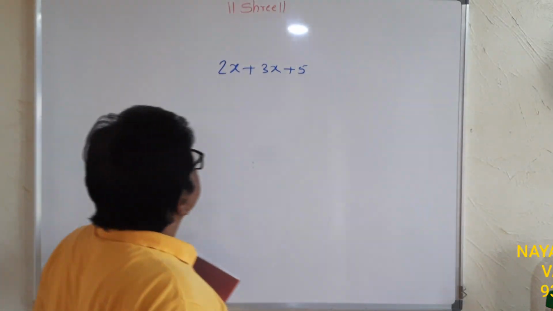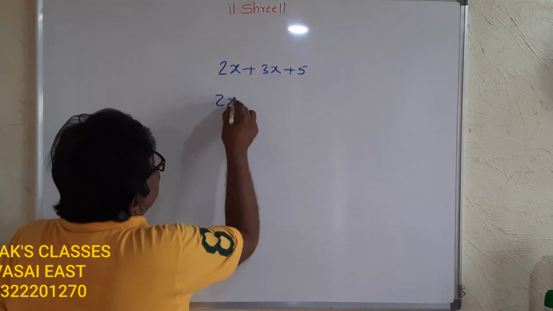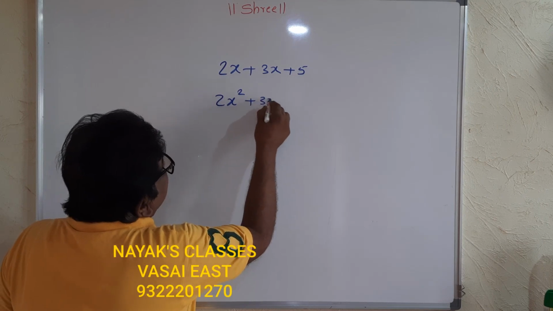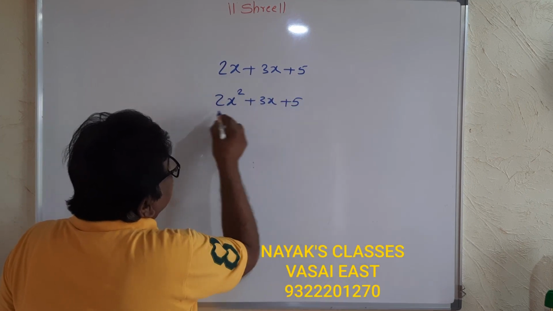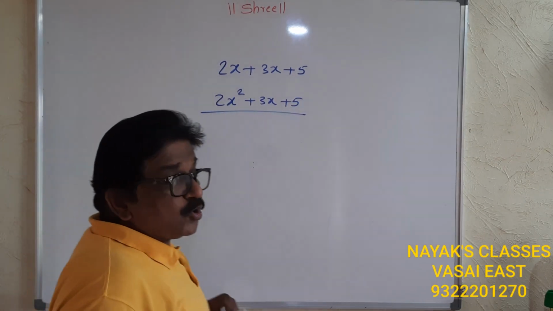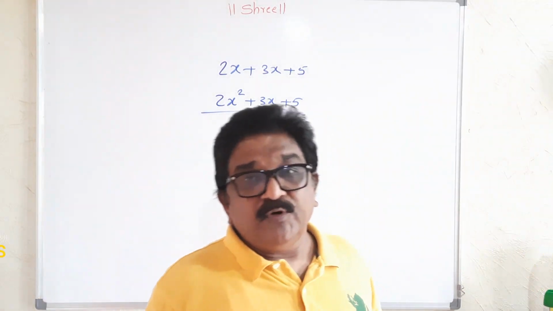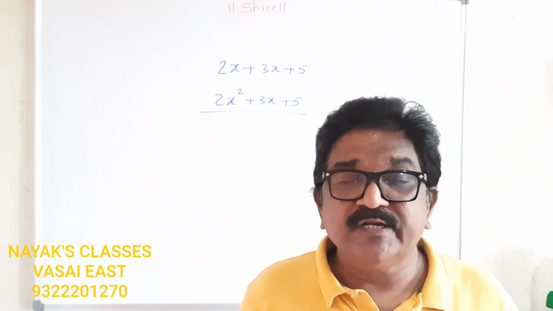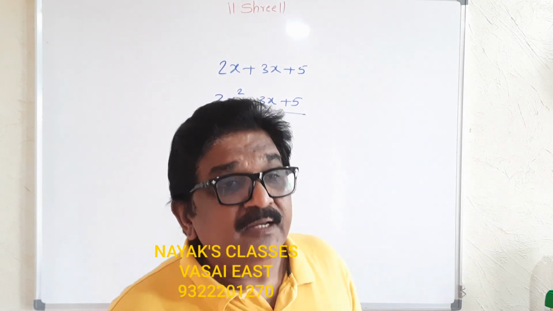When you write 2x square plus 3x plus 5, this becomes a quadratic polynomial.